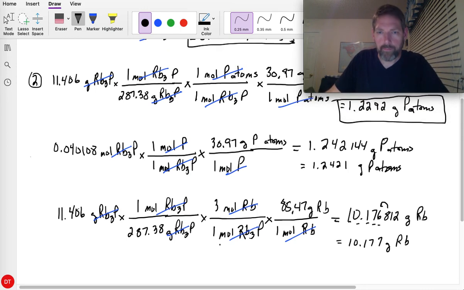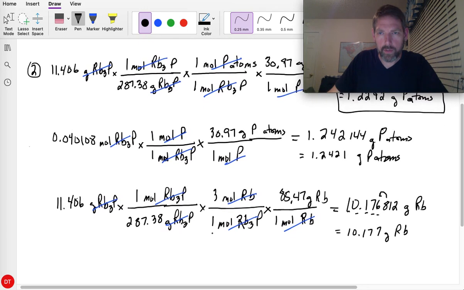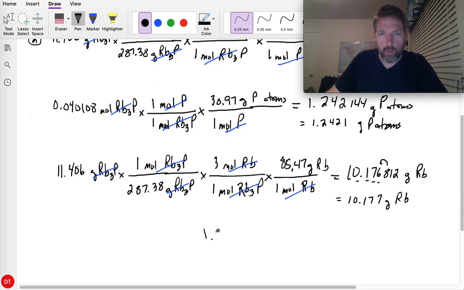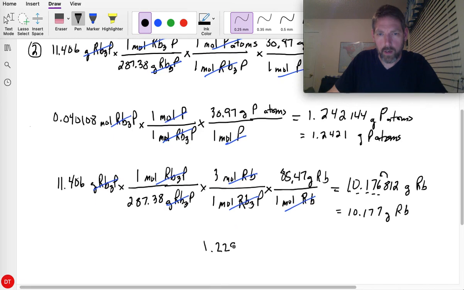All right, so let's think about this for a second. Up here, the total mass is 11.406. With the first one that we calculated, we had 1.2292 grams, and down here we have 10.177 grams, right?